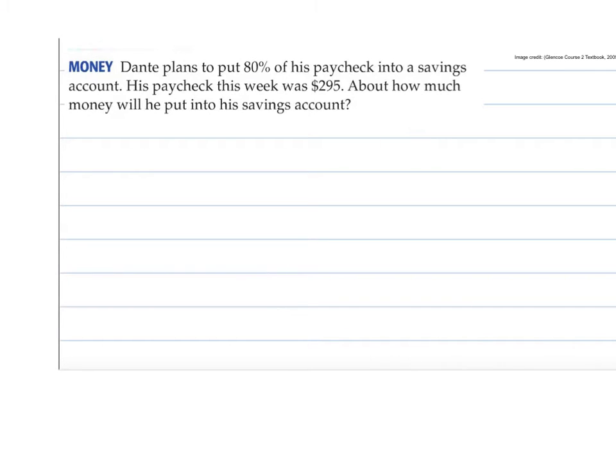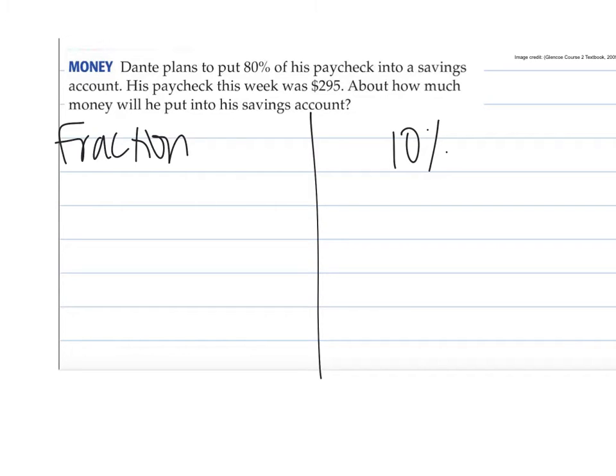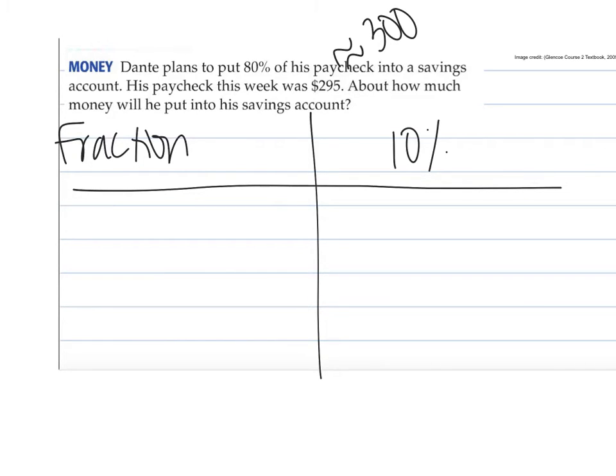Okay, so we have another one here. I'm going to use both methods and show how they work, using the fraction method and then the 10%. And you just have to decide which one works better for you. Dante plans to put 80% of his paycheck into his savings account. His paycheck this week was $295. About how much money will he put into his savings account? So I'm going to round 295. I'm going to estimate that to be 300. So 80% over 100 would simplify. Again, it's easiest to multiply in simplest form, so that's why we're simplifying these. 8 over 10.